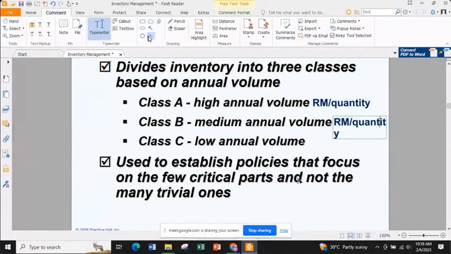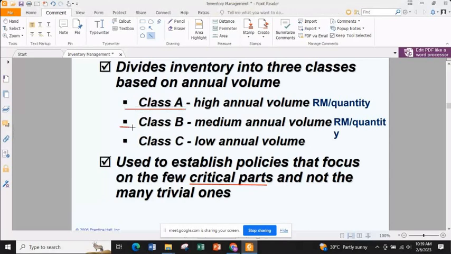So once you identify class A, class B, class C, you can start focusing on class A, and then how you want to tackle class B and how you want to resolve class C. Even though class C is low annual value, it is important; you don't want to affect the process to produce the high annual volume.